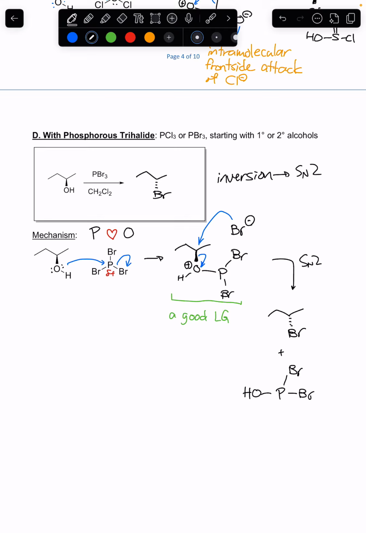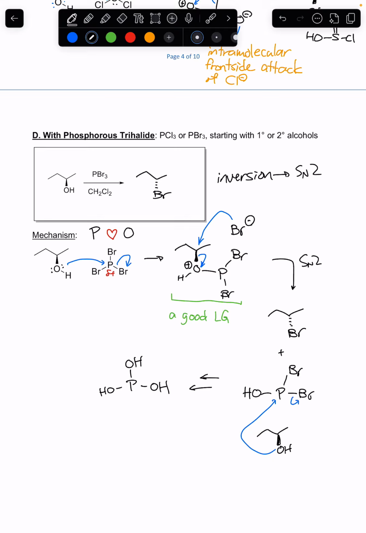Now, this still has 2 other bromides on it, so this can still keep reacting. Indeed, if you have another alcohol like that, this could do another round of reaction. In fact, 2 other rounds of reaction, until the phosphorus ends up only surrounded with oxygen.